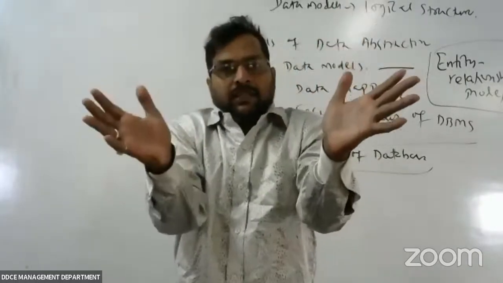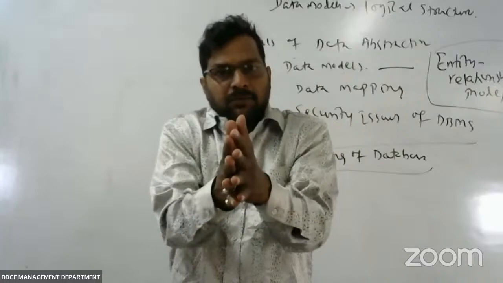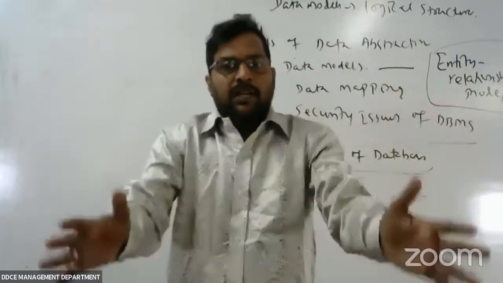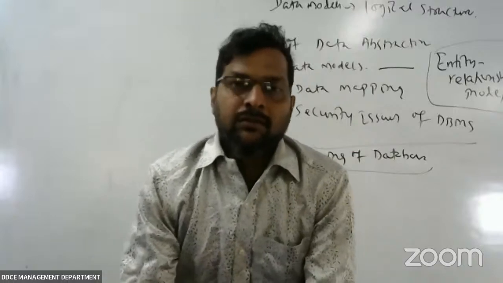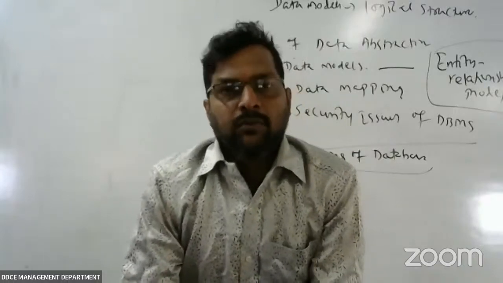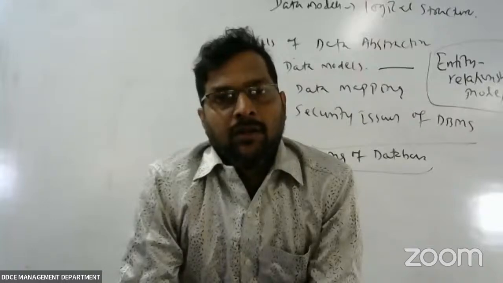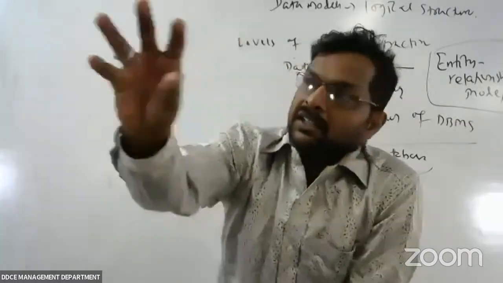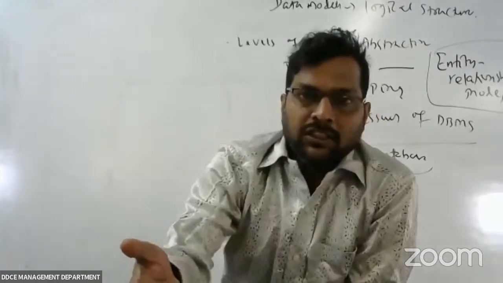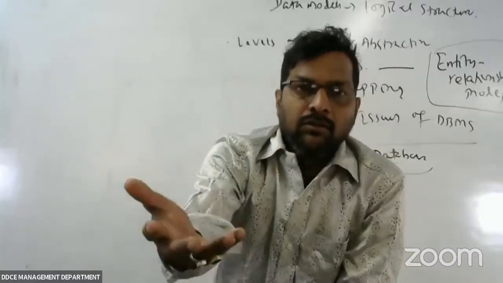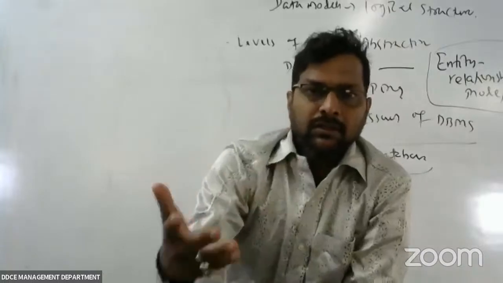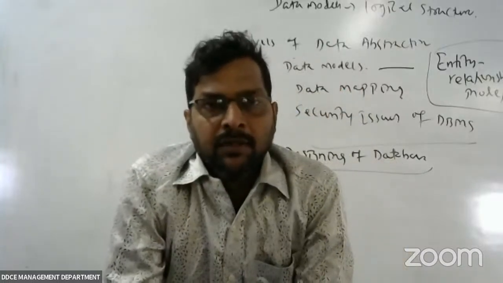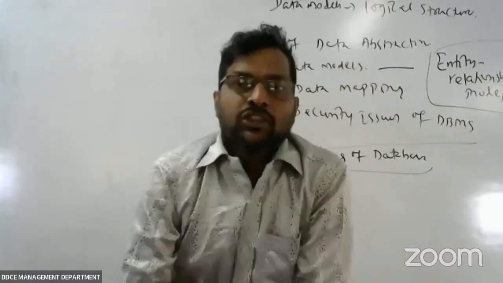Once the entities are developed, from each individual entity we have to derive the attributes. This is a long question and also equally important for your working purpose. Because when a database is to be developed, first you have to think about what the system is.